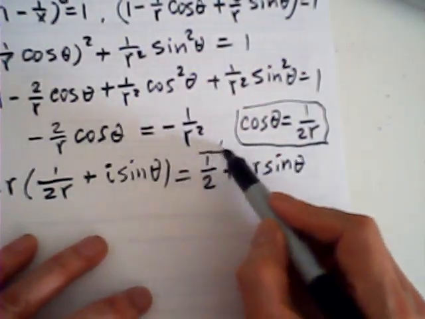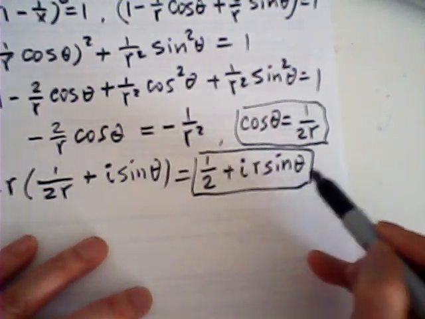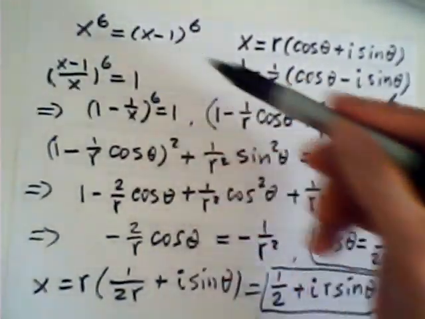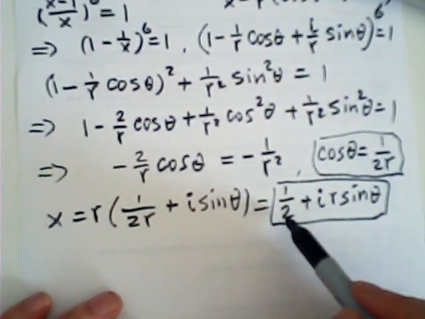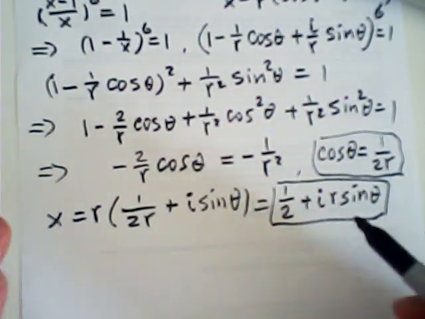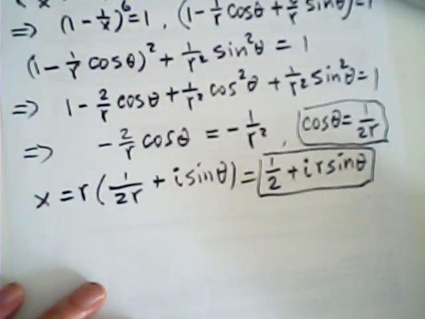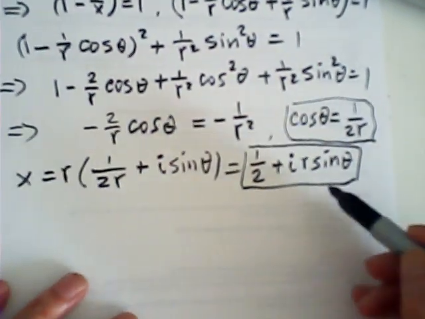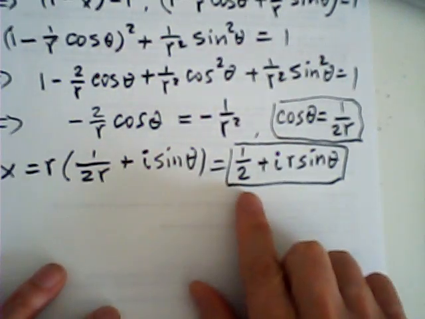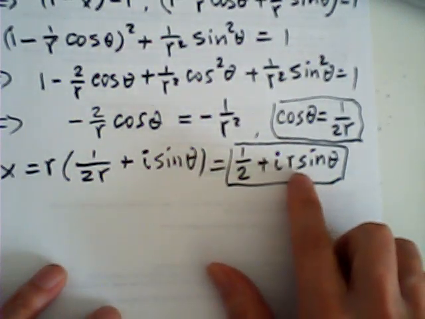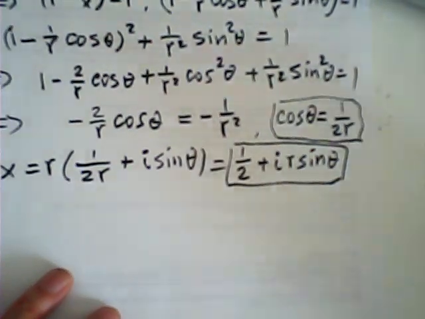Okay, this tells us that the x we are looking for is a complex number. The real part is constant, half, and the imaginary part is r times sine theta.